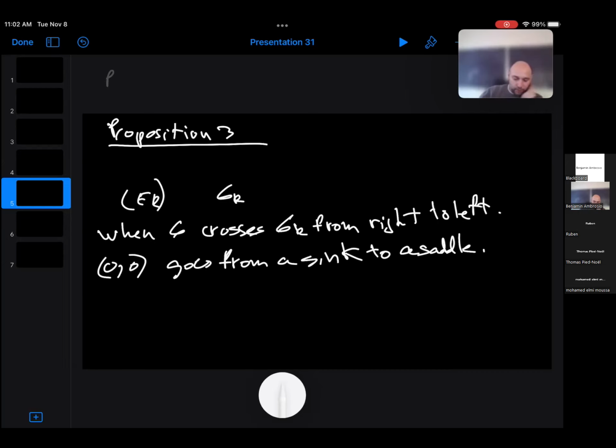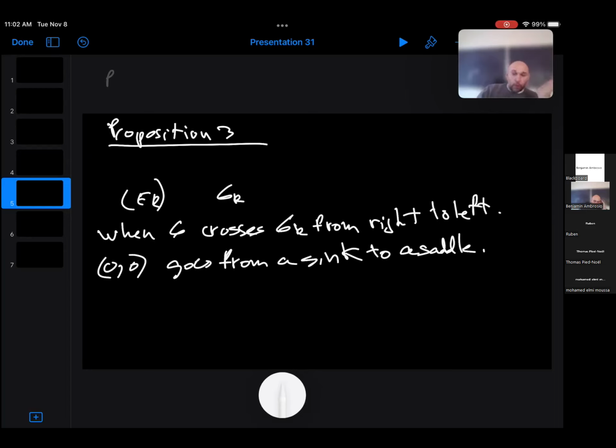This comes just from the computation that we did, because as sigma crosses sigma k, the determinant of AK goes from positive to negative.